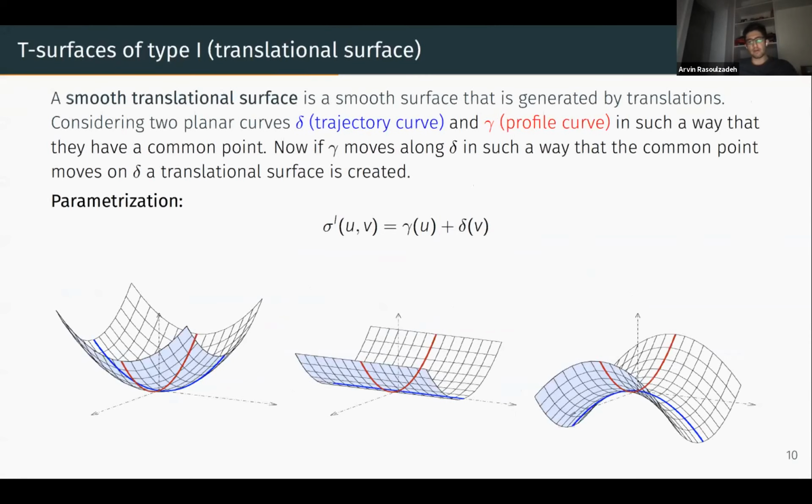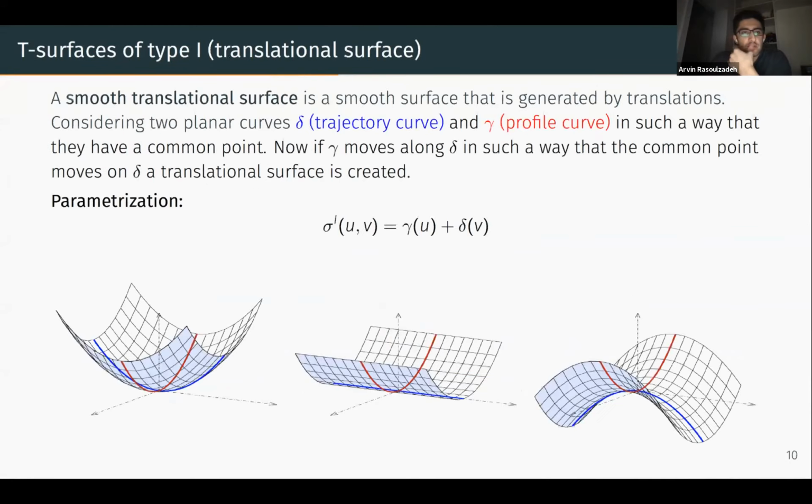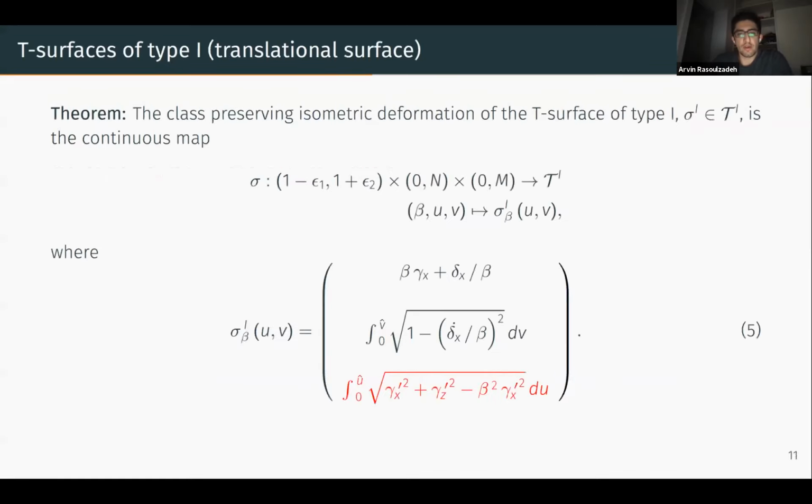So now having access to the parametrizations and knowing how these surfaces deform, I can show you some animations. For the case of T surfaces of type 1, the translational surfaces, I would like to mention again that they are obtained by moving a profile curve along a trajectory curve. So their final formula would be as follows, as you can see here.